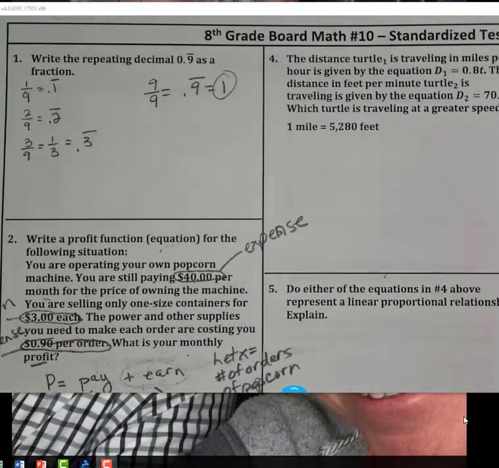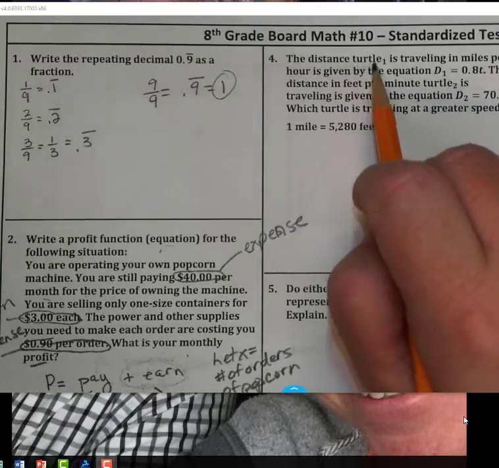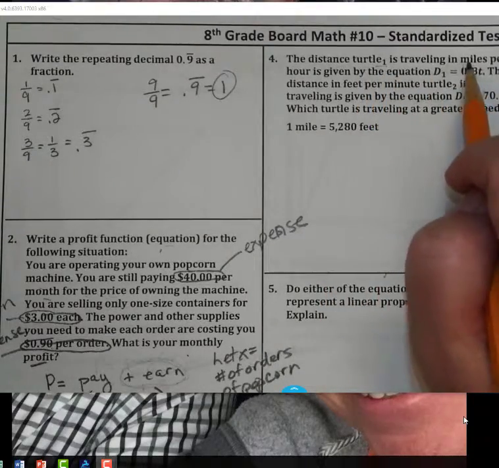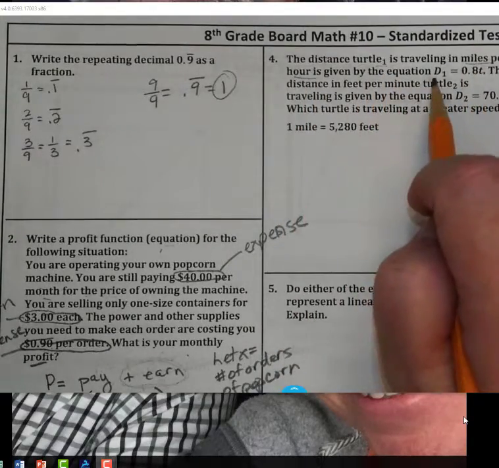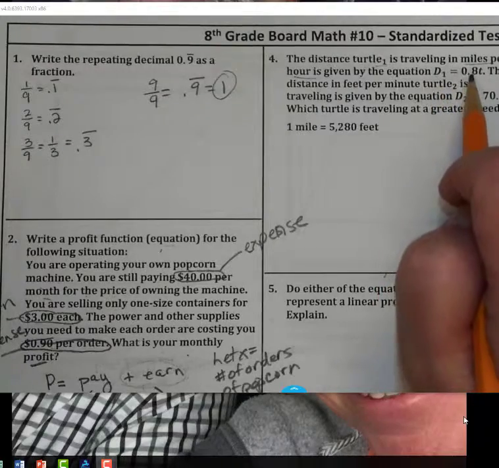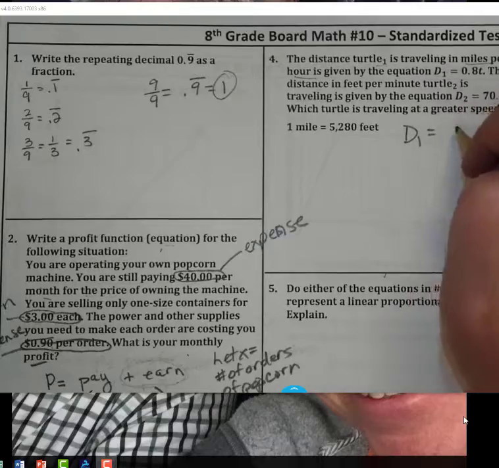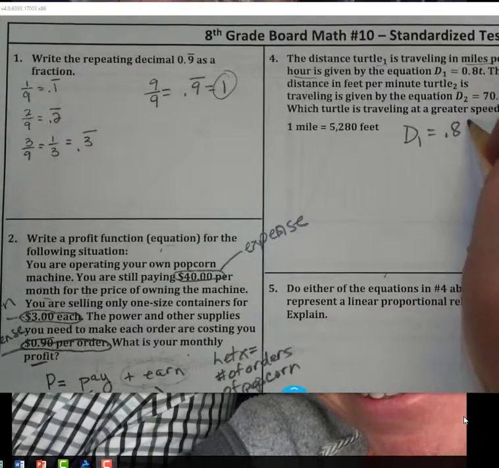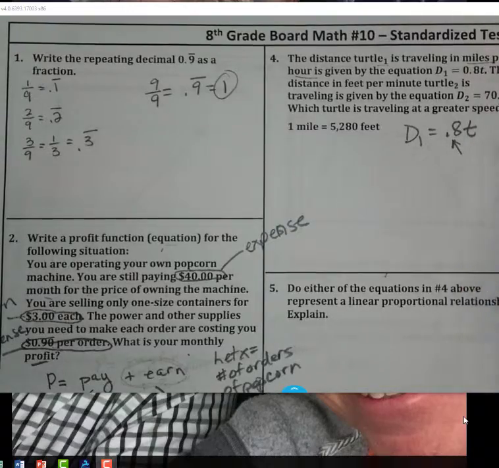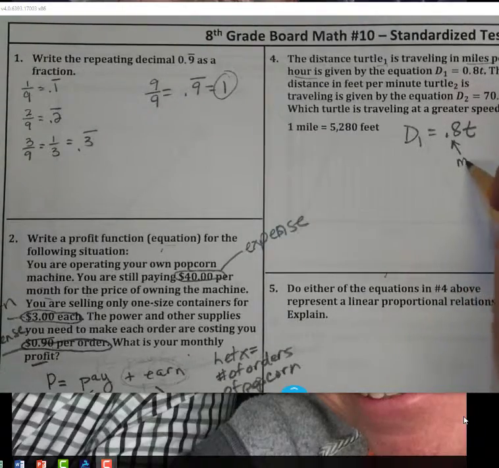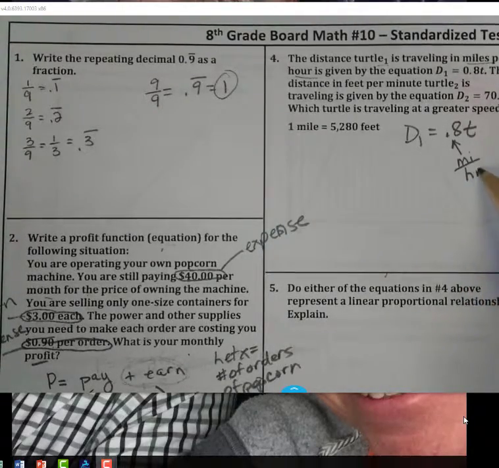Number 4, the distance turtle 1 is traveling in miles per hour is given by the equation d1 equals 0.8t, where the units for this are in miles per hour.